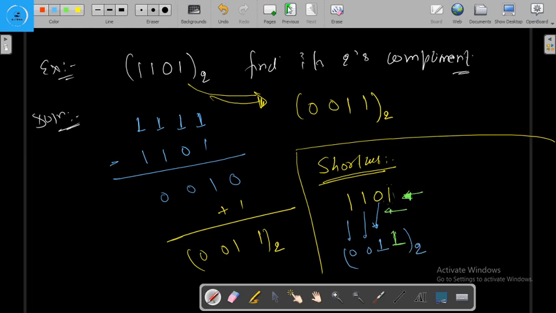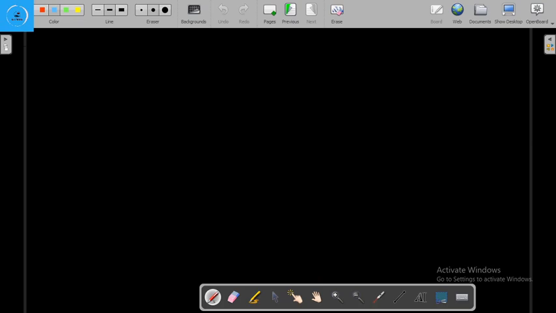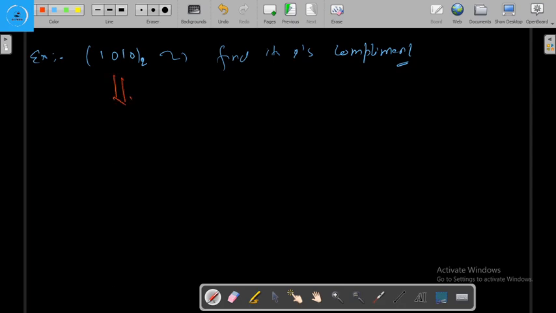Let's see another example in the case of binary. Here 1010 base 2, find its 2's complement. For finding the 2's complement, we could first find the 1's complement and then add 1 to the LSD, but we are going to do it directly.